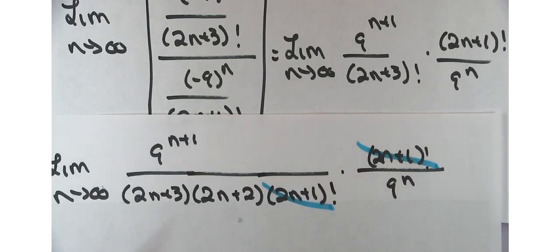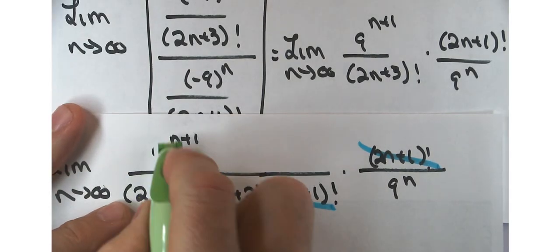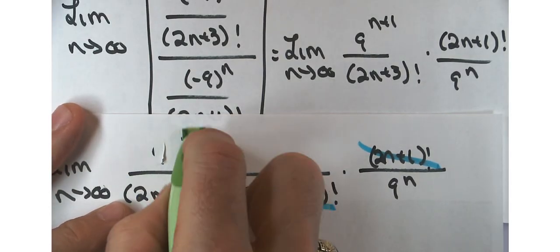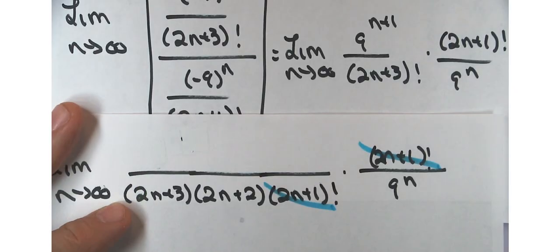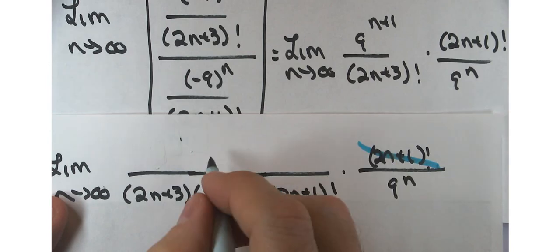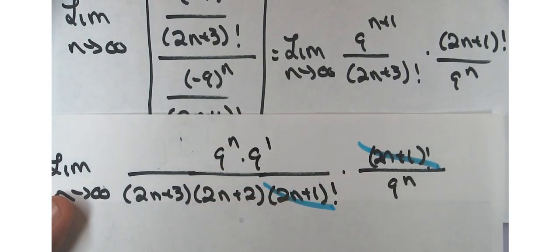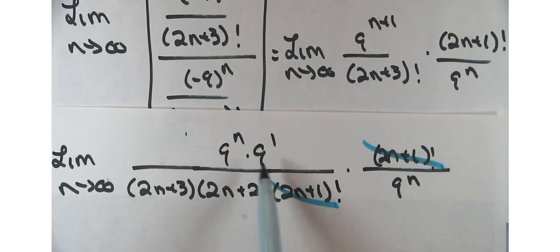Well, yeah, tell you what, let me redo this in a more user-friendly or student-friendly way. Let's write 9 to the n plus 1 as 9 to the n times 9 to the first power. When you multiply things with the same base, you're going to add their exponents.